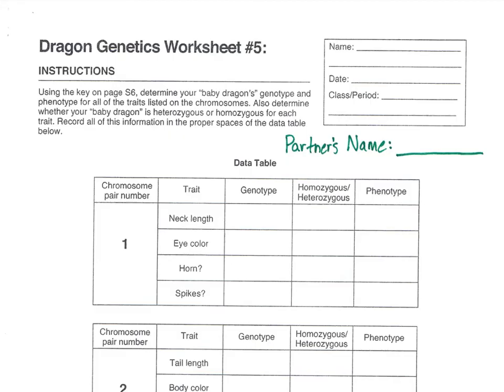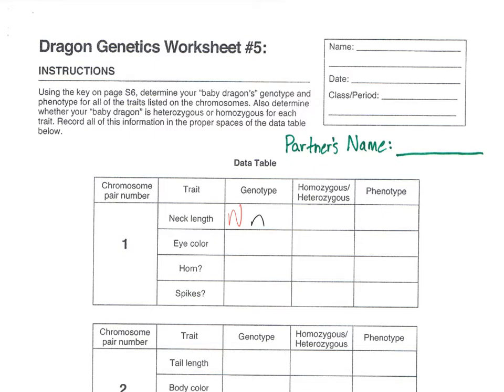So then you get together with your partner, and this is your partner's data. In this section of Dragon Genetics Worksheet 5, you and your partner combine your chromosomes. You might give a capital N, but your partner would give a lowercase n.